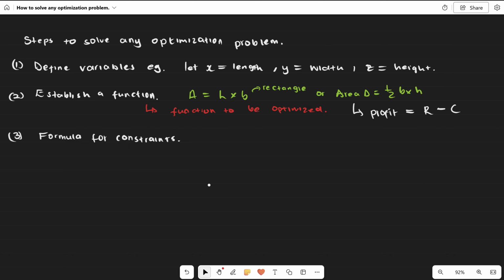In order to maximize profit, we must sacrifice something, because we have limited resources, right? In order to maximize something, we need to minimize something, or sometimes in order to minimize something, we must first optimize something. So in the case of our area here, our formula for constraint would be our perimeter, right?